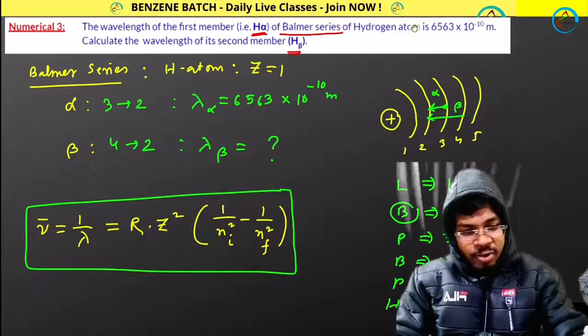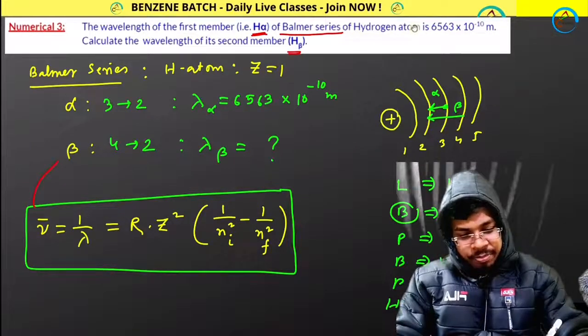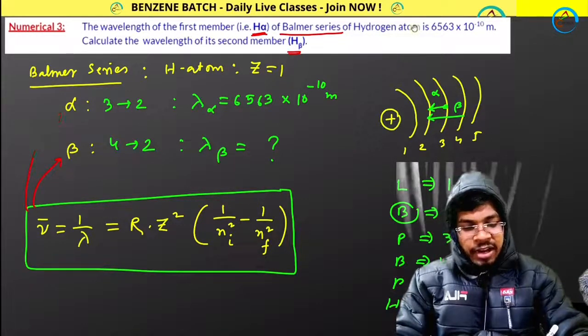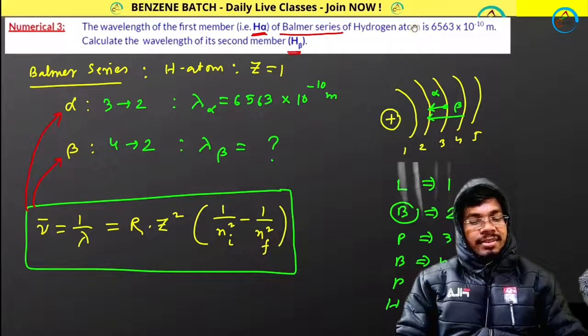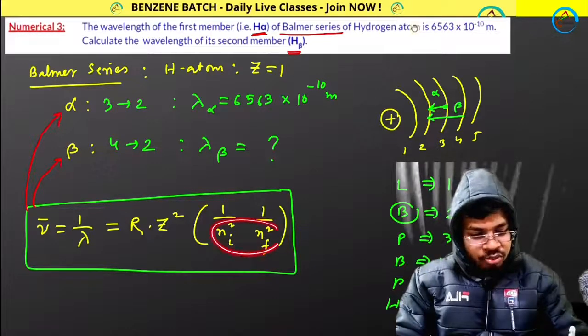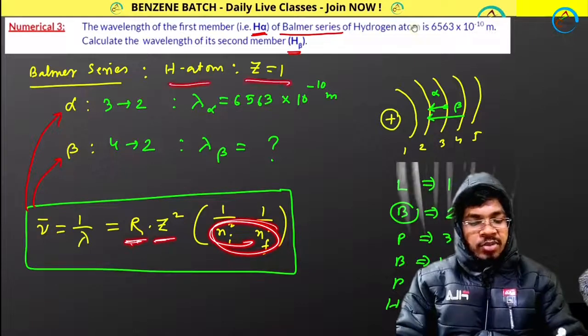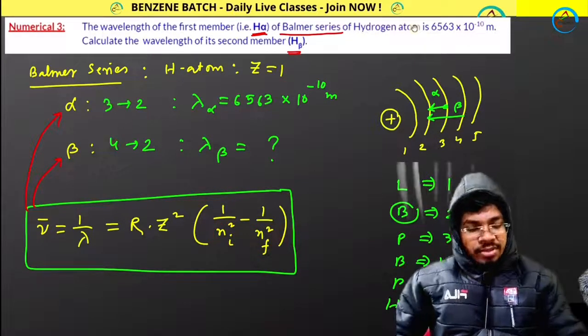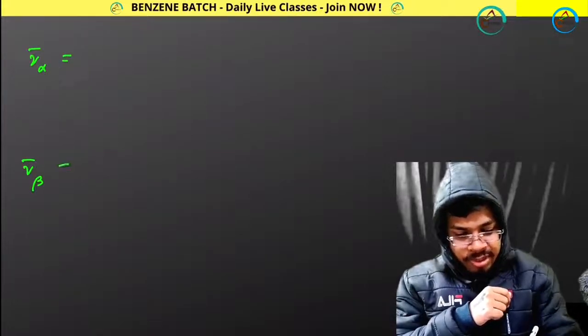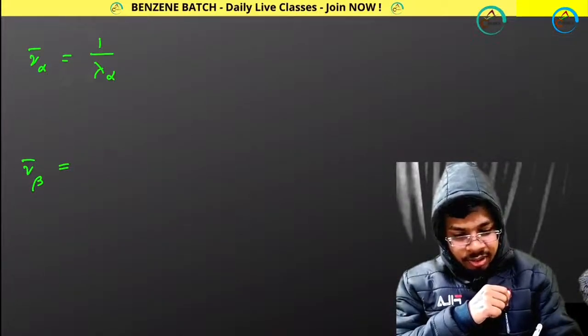So I will be applying this expression for the beta line and for the alpha line of Balmer series. That means only these two values will vary. R is constant, Z is constant, because for hydrogen atom Z is 1 in both of these cases. So now I am writing the nu bar alpha and nu bar beta expressions. Nu bar alpha means 1 by lambda alpha, and nu bar beta means 1 by lambda beta.